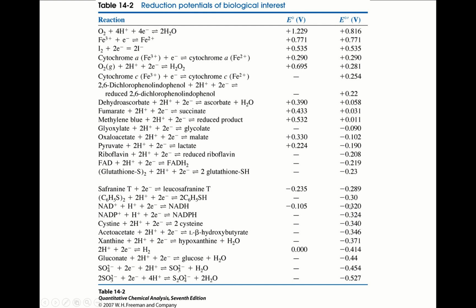So the reduction potential depends on pH, and if pH increases, in other words, if the solution becomes more and more basic, then the standard reduction potential also decreases. You see this one decreases quite a bit.